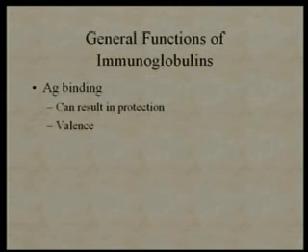Now, that binding of antigen in and of itself can afford protection. It can confer some immunity. And let me give you some examples. Bacteria. When a bacterium, a pathogen, enters the body, one of the first things that it oftentimes has to do before it can cause disease is attach to some surface so that it can colonize the tissue. So there has got to be attachment.